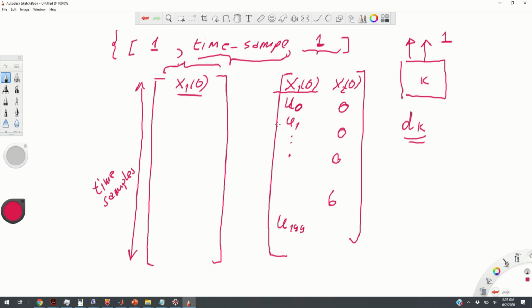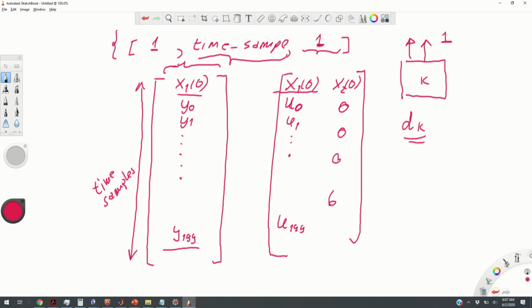Once we present u0 as an input, the network should give us y0. Present u1, we get y1, etc., and we end up with y199, corresponding to u199.